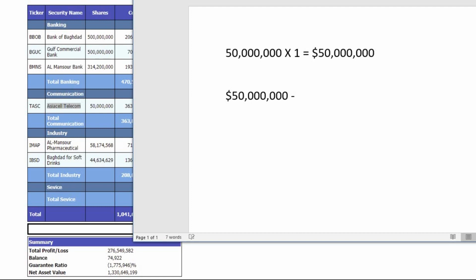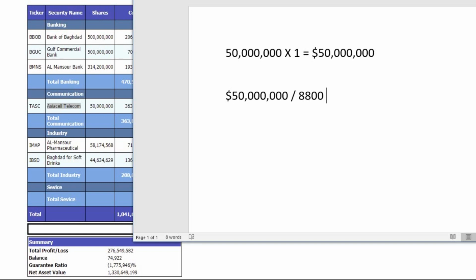Now of course you're gonna minus off the fees and stuff, but we're just gonna go with direct figures here. So you're gonna divide this by the 8,800 blocks. Okay? Whatever number you think that we're going to get in dividends, you would divide by the total number of blocks to get your amount per block, and then you would times that by the number of blocks you have.